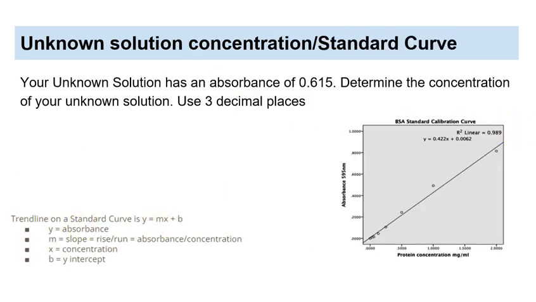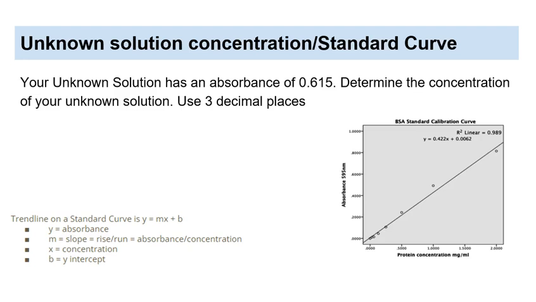And also there is another way that we can calculate the unknown solution concentration, which is called a standard curve. For graphing the standard curve, we need some numbers. Through MS Excel, we can draw the standard curve, and then it's going to give us the equation.